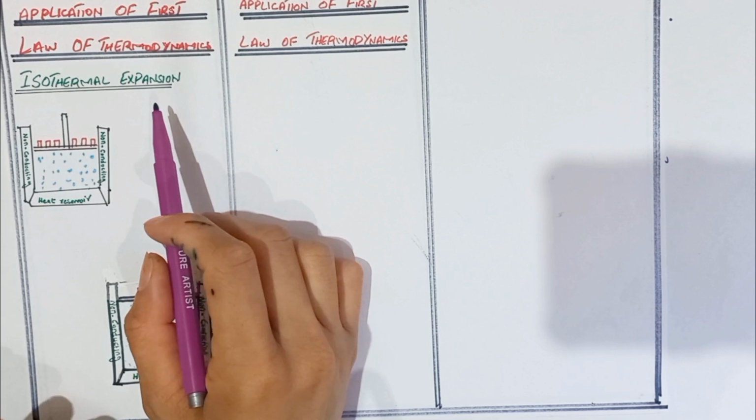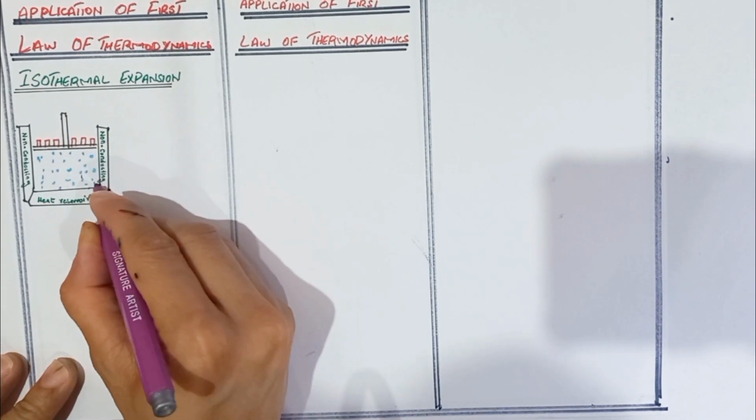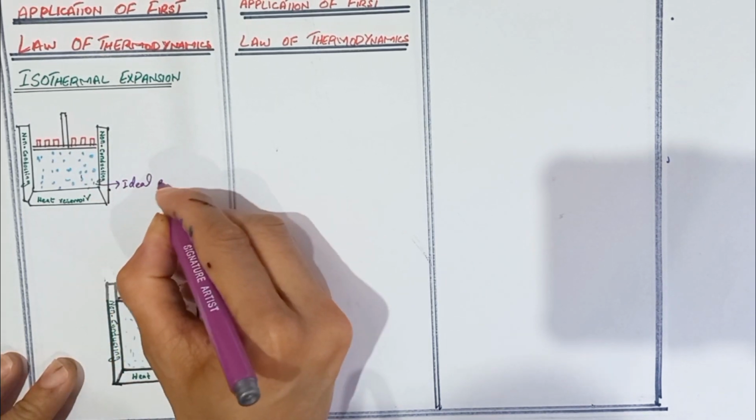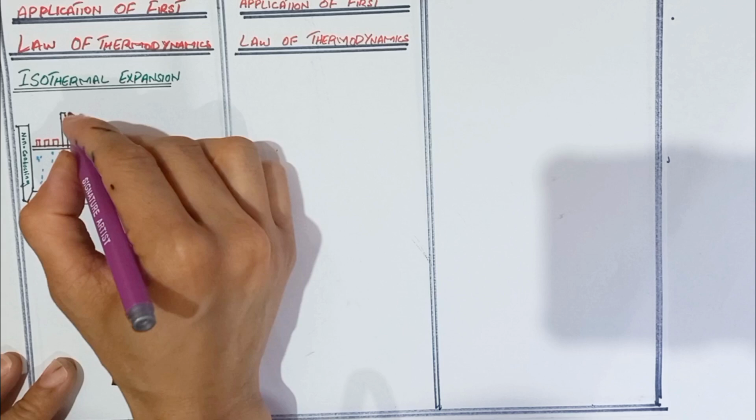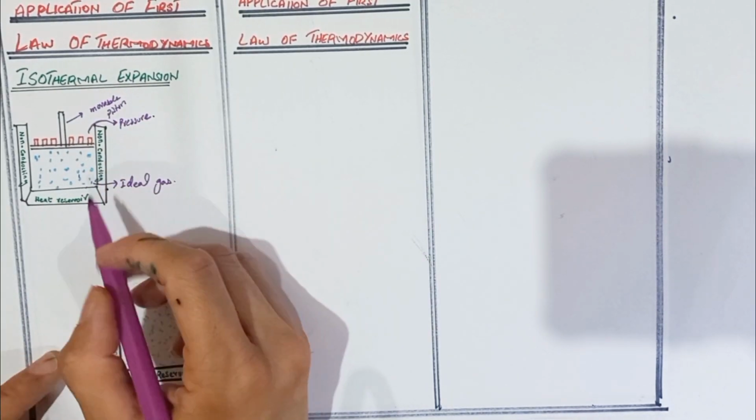Now we discuss the isothermal expansion. To discuss this, we take a container in which we fill the ideal gas. Here we take an airtight movable piston, and here we apply the pressure. The walls of the container are insulated, which means no heat enters or leaves through the wall.